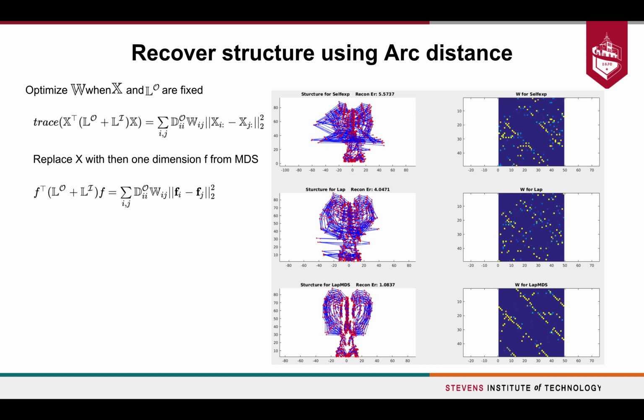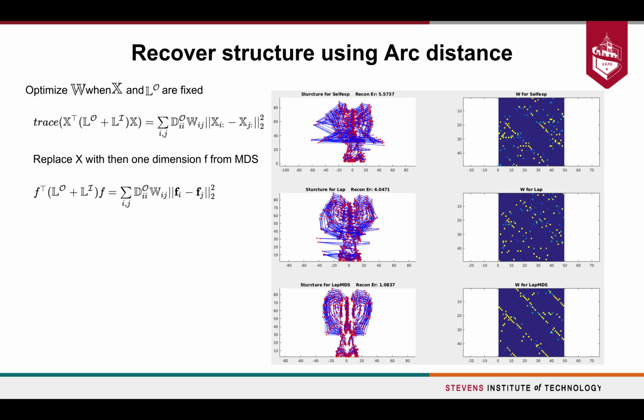And finally, we try to use this to improve our structure in those extreme conditions, sparse and repeating motion. When we optimize with X fixed, our Laplacian quadratic form is actually optimized based on this pairwise distance.